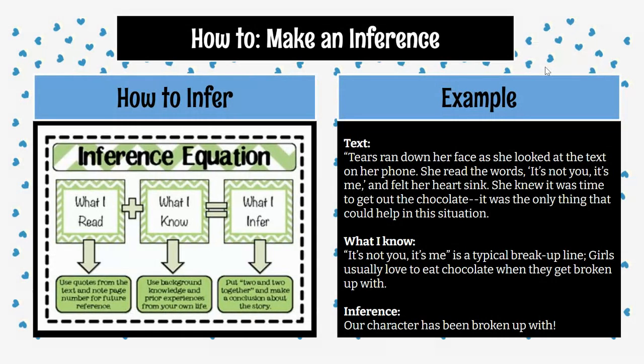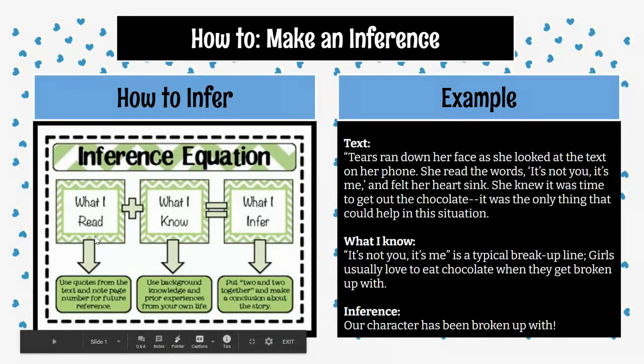So an inference. When we make an inference, it is basically just an educated guess. Okay, so you are drawing a conclusion about something. So what I like to use is something called the inference equation. Okay, so what you do when you are making an inference is you first, obviously, read the text and you take what is in that text, so take important details, and then you combine that with what you know.